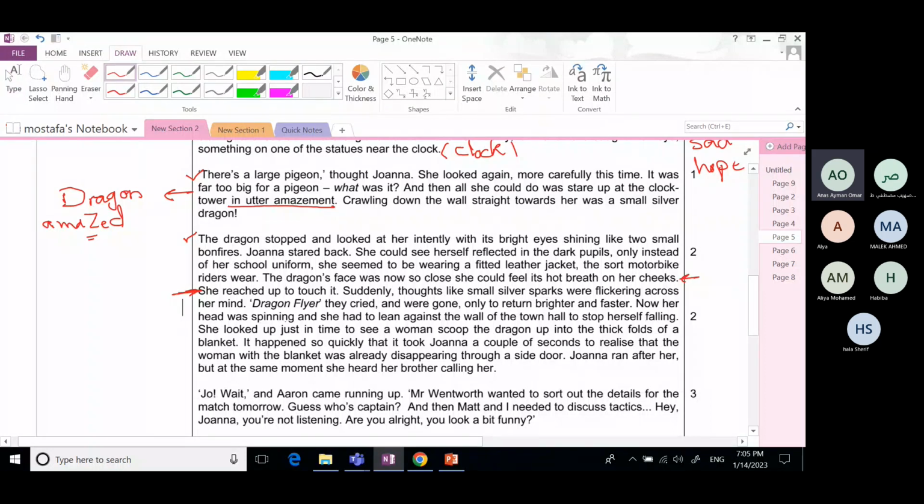She looked up just in time to see a woman scoop the dragon up into the thick folds of a blanket.